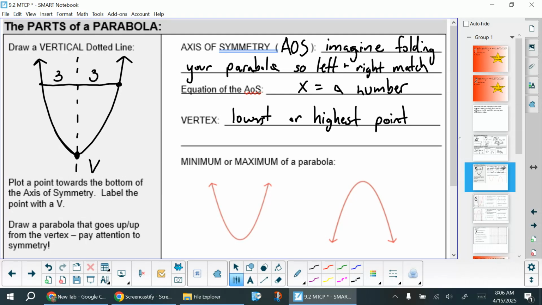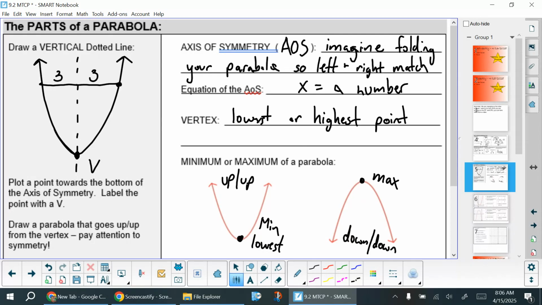At that vertex, we would say that a graph is either going to have a minimum point. If the graph goes up, we've got a minimum point, a lowest point. And if our graph goes down, then we are going to have a maximum point. We'll call those the min and the max, minimum and maximum.